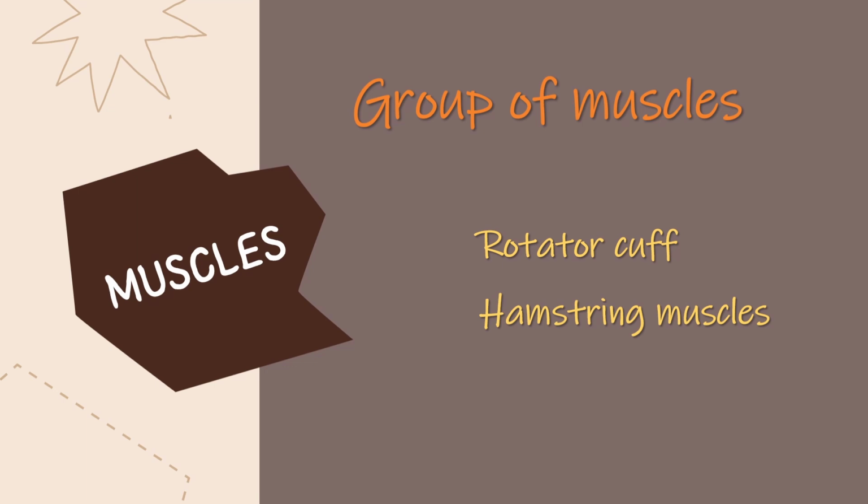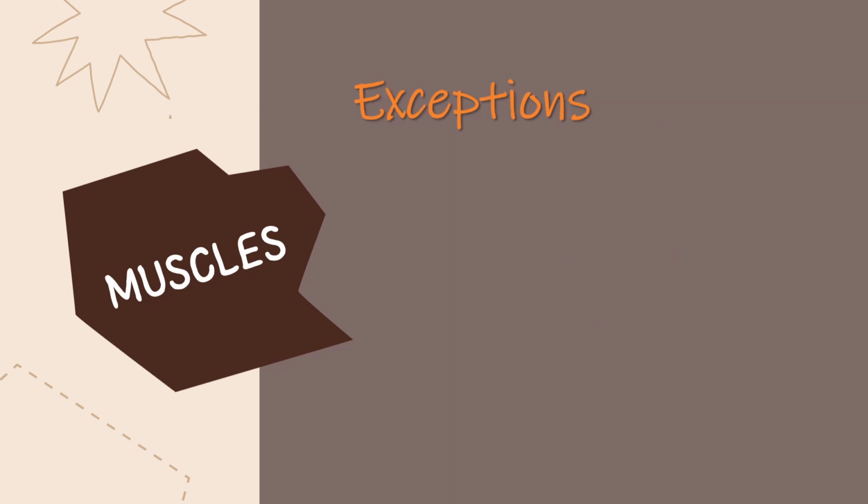So usually they will ask exception or nerve supply for the group of muscles, or the action. If there is any particular combined action for this group of muscles, they will ask that question, or peculiar insertion or origin for the group of muscles. That is also very, very important. As I told you, exceptions are very, very important, especially action exception, nerve supply exception.